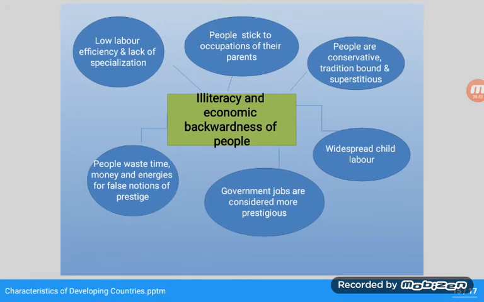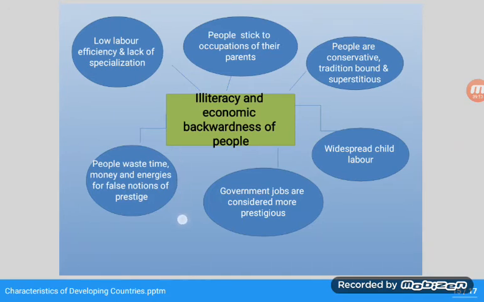Or generally, what is the attitude of the people? People love to waste their time, and they are not time conscious. They love to waste their money and energy on things which according to them are prestigious. Okay, they spend all their time and energy on things which are not actually worth spending all these things, but they do that because it's in their mind.